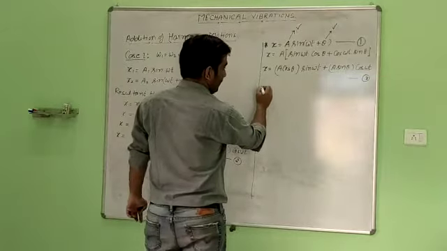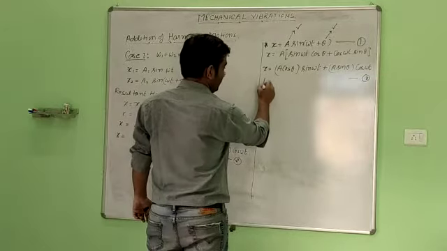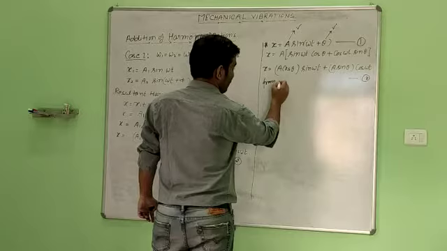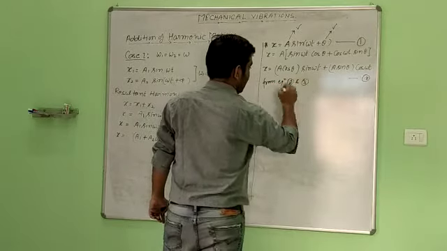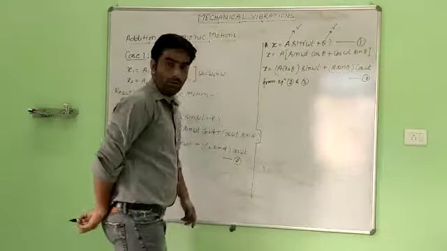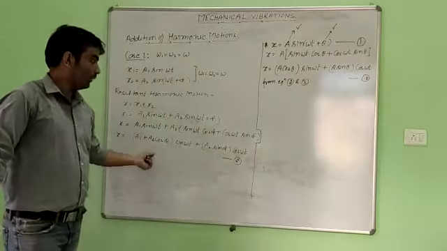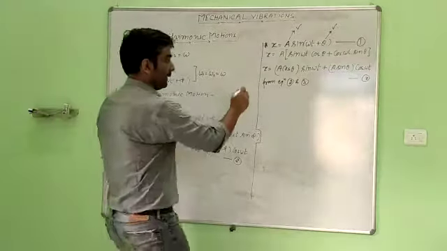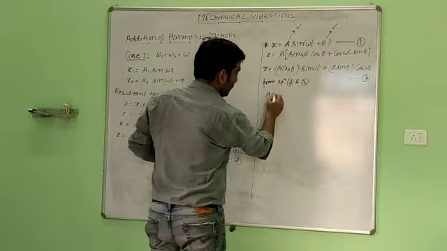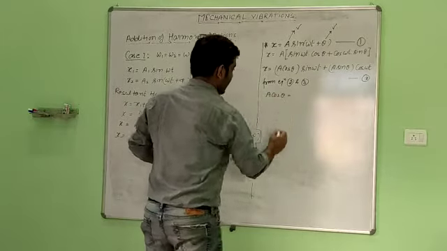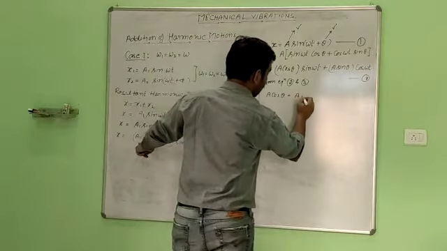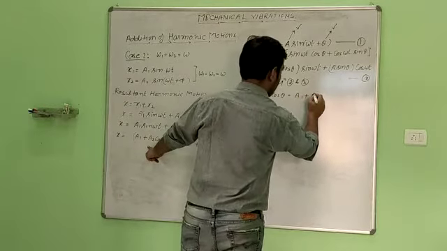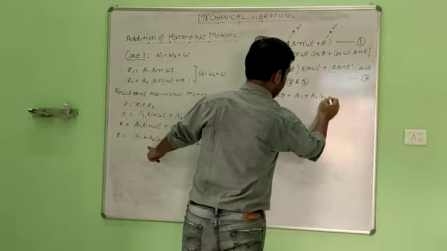Okay. So by comparing equations 2 and 3, the coefficients of sin omega t and cos omega t: here the coefficient of sin omega t is a cos theta, and there it is a1 plus a2 cos phi.